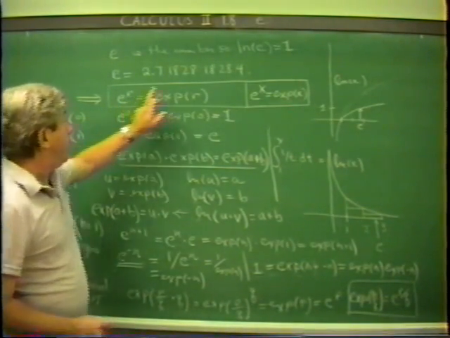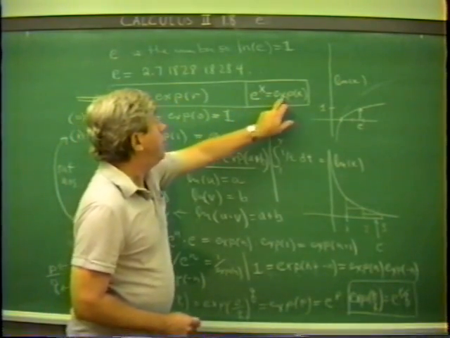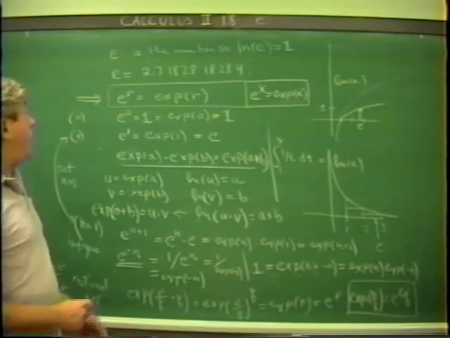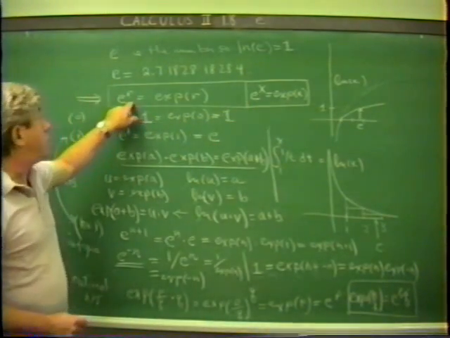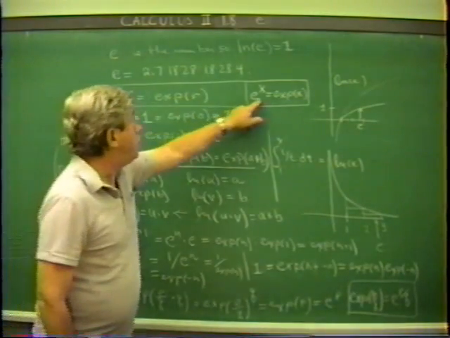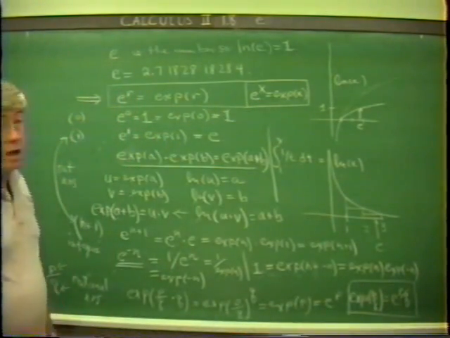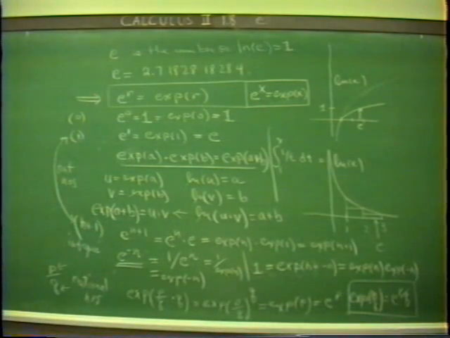So the question of how to extend exponents from the rational numbers to the real numbers becomes clear here. Namely, e to the x is the exponent of x. This is an exponent function for the rational numbers, and it makes sense to extend the exponent function to the real numbers by defining e to the x to be exponent of x.